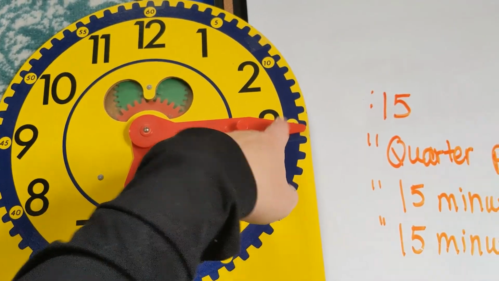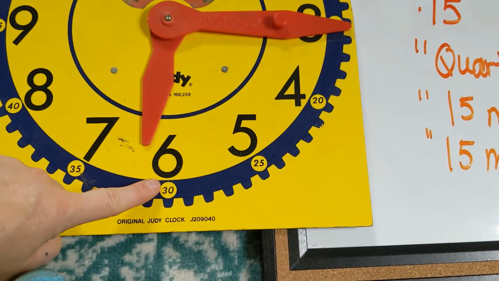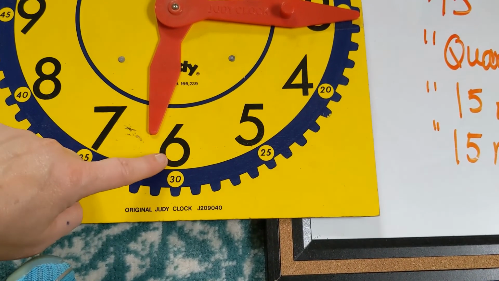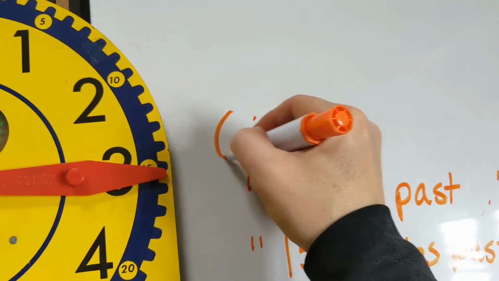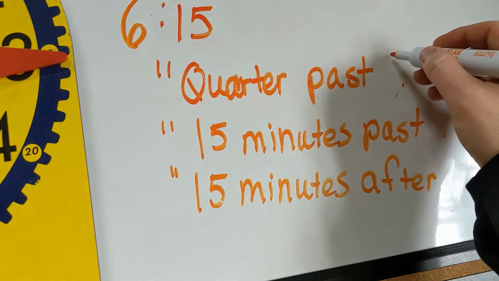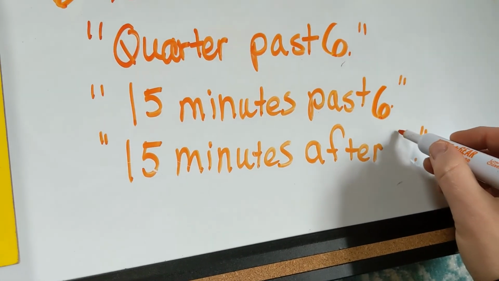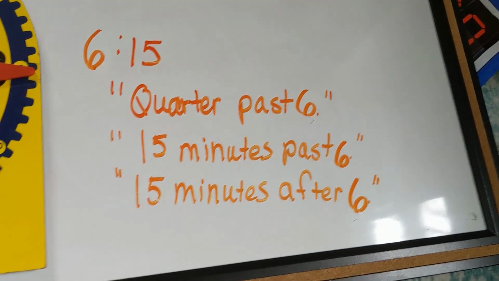When my minute hand's on the 3, that means it's 15 minutes. My hour hand is past the 6 but not yet at the 7, so it's still the hour of 6. So my time here is 6:15, which means it's quarter past 6, or 15 minutes past 6, or 15 minutes after 6. These all say the same time.